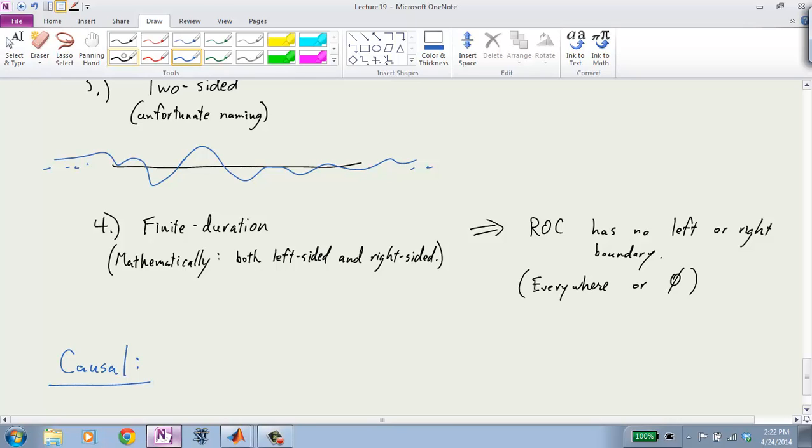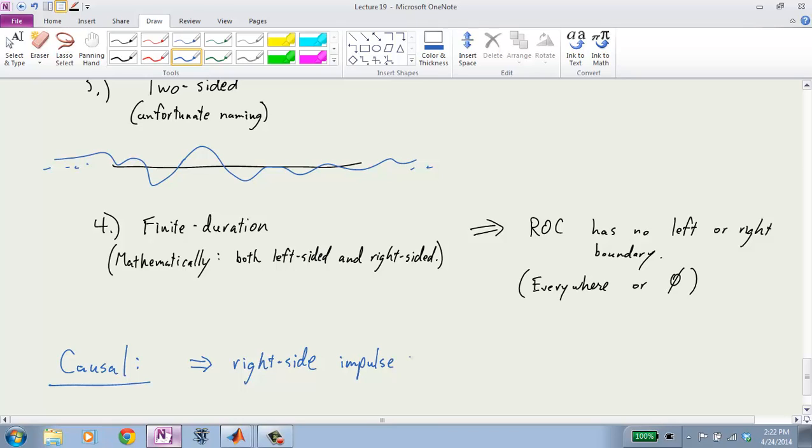So causal means that it implies right-sided. It implies that the impulse response is right-sided, right? So causal is a particular right-sided signal. Let's remember what the impulse response of a causal system looks like.